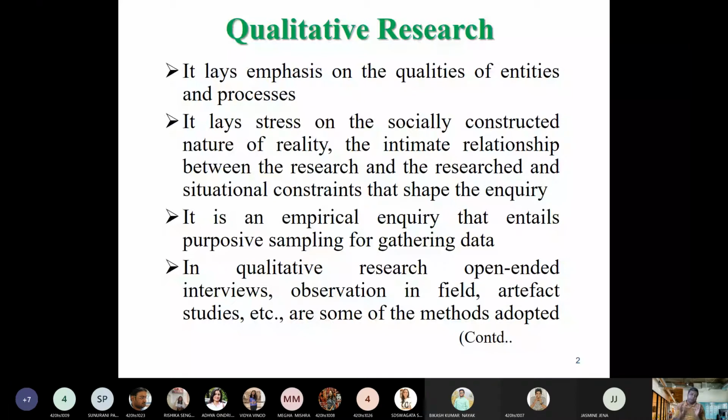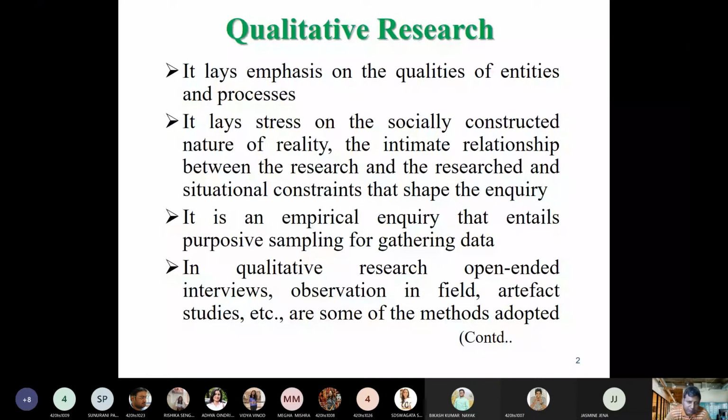What is happening? Its process of evolution, its process of happening, its process of day-to-day activities, and the different entities involved in the total process. It lays stress on the socially constructed nature of reality, the intimate relationship between the researcher and the researched, and the situational constraints that shape the inquiry.